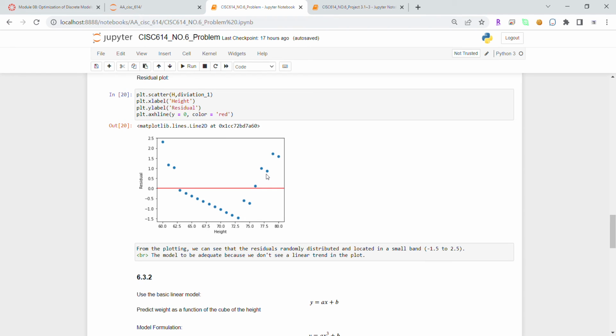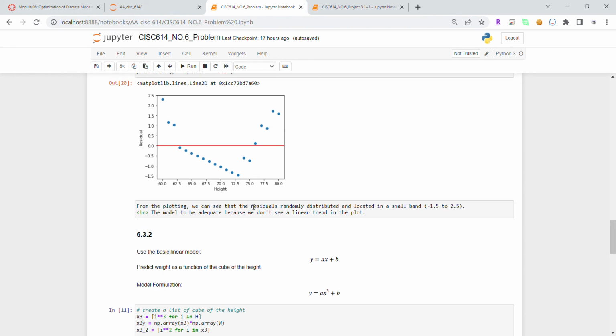For the next subproblem, we're going to use the basic linear model to predict the weight as a function of the cube of the height. So the difference between this problem and the previous one is that here we use the cube of the height.